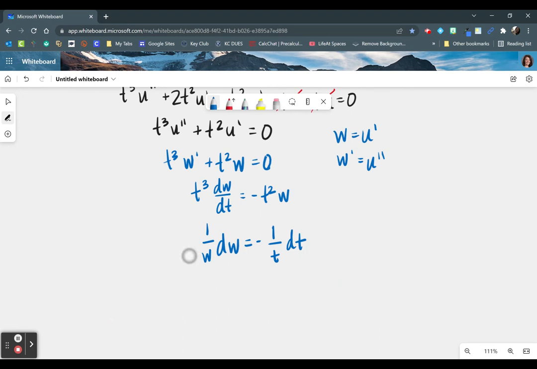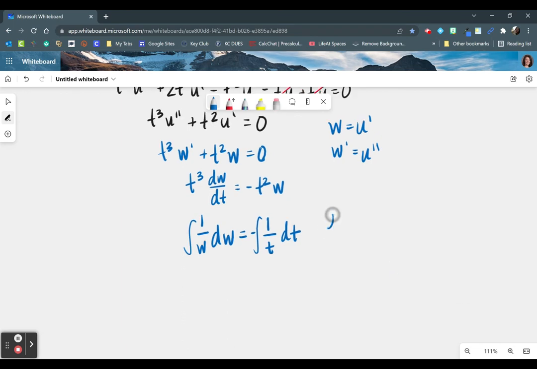And integrating both, I'll keep that negative on the outside. And that's going to give me that the natural log of w is equal to the negative natural log of t plus c. This is a little laggy over on this side.